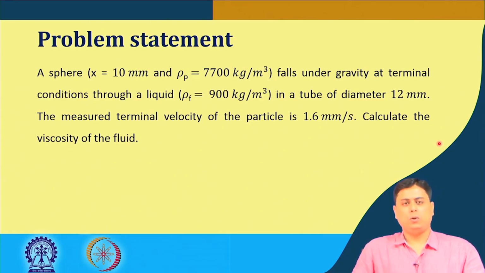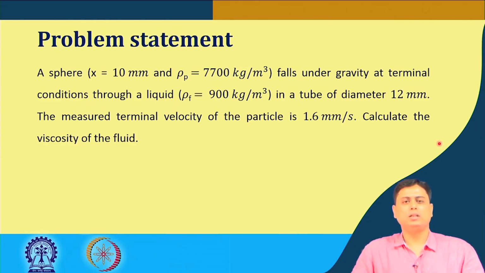Here we have a sphere of comparable size to the tube. You can notice that the diameter of the sphere is 10 millimeter and the diameter of the tube is 12 millimeter. It is comparable in magnitude, which means when it falls through the test tube, its motion, or its terminal velocity, will be influenced by the solid boundaries.